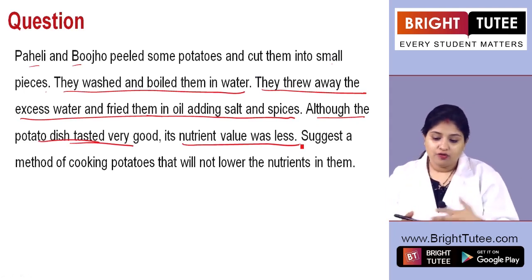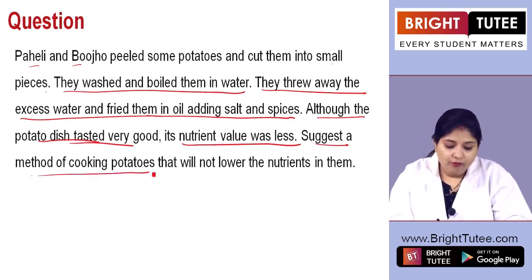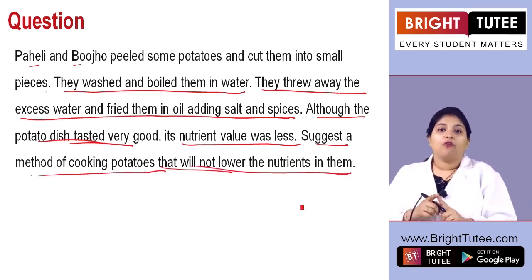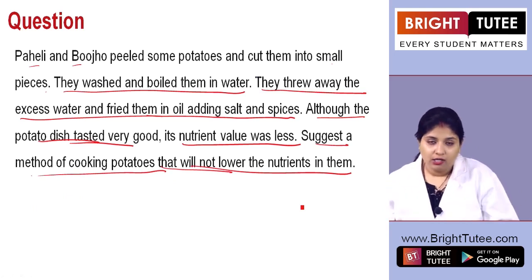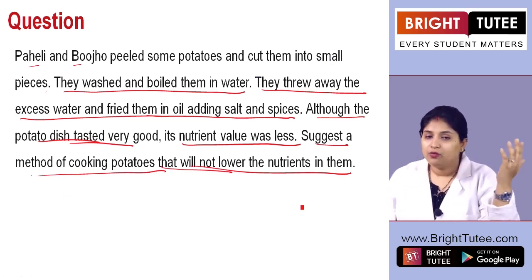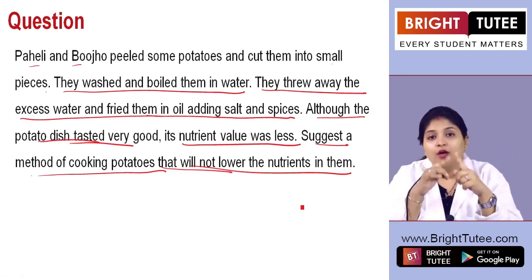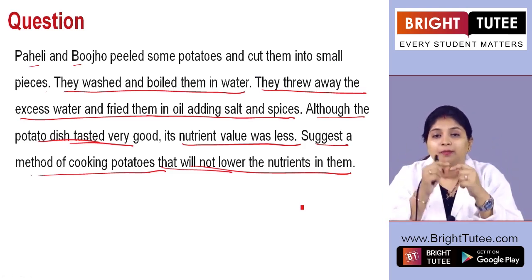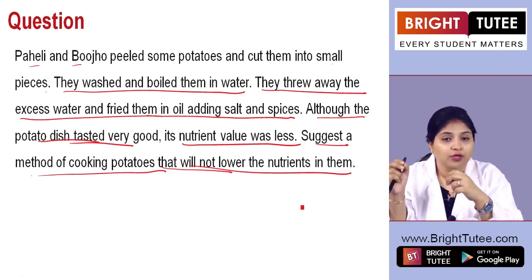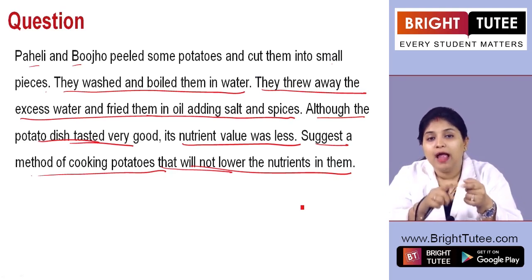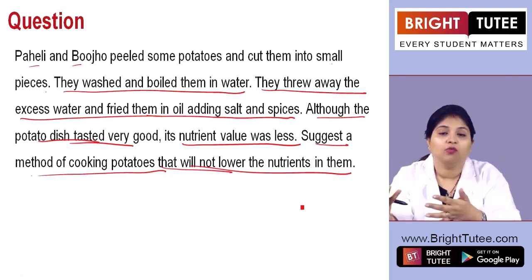Now, we need to suggest what method of cooking potatoes we should use that will not lower the nutrients in them. So, first of all, peeling is fine. Definitely you need to peel them, and you can wash the potato once. Just wash it once. Then, the major mistake that Paheli and Bujo made was that they boiled the peeled potato and then they threw away the water.